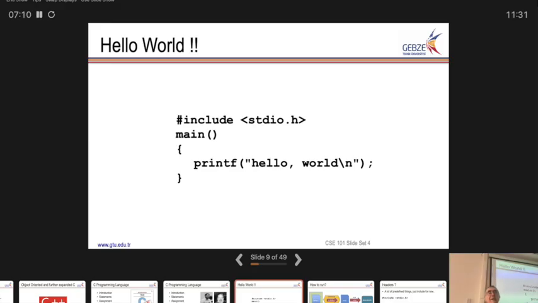One important fact with the C programming language is that we have semicolons after each line sometimes, not all the time. That means the end of the statement. What is a statement?